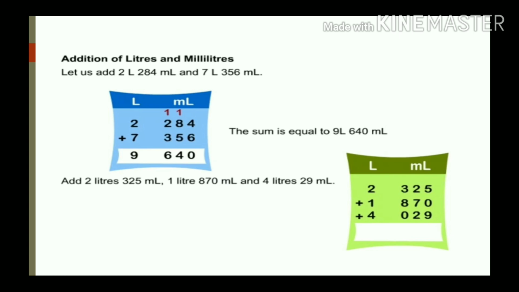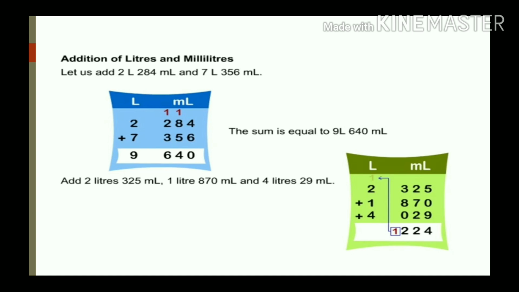So after adding 325 plus 870 and 29, we get 1224. Student, here one thing I would like to tell you that in milliliter you can only write 3 digits.